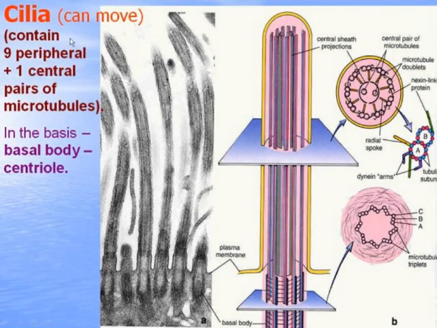Cilia can move. They are also extensions of the apical surface of some epithelial cells, but they contain microtubules inside, 2 central and 9 peripheral pairs, responsible for their movement.